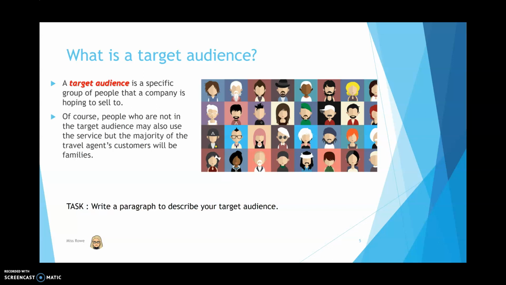So when you're thinking of target audience, of course you're going to get people in who are not in the target audience. So, for example, I might say, I would like my tours for couples between the ages of 30 and 50.